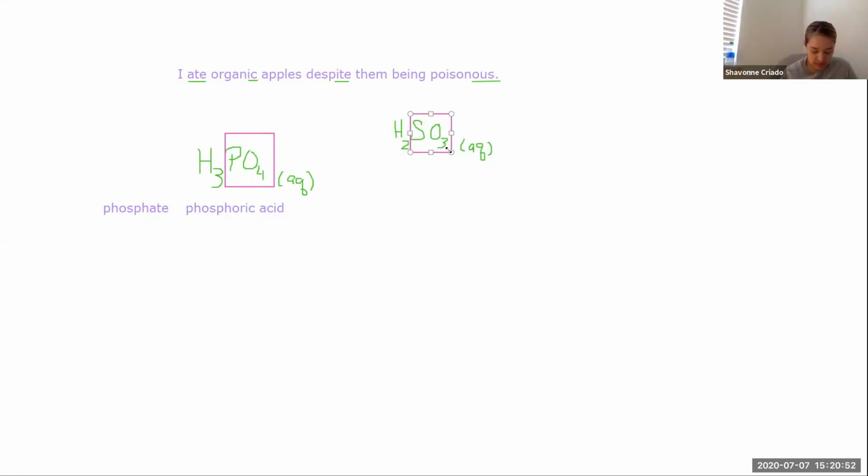Sulfite. The SO3 part is called sulfite. So then the acid, since it has that H in front of it that balances it out, is going to be called sulfurous acid.